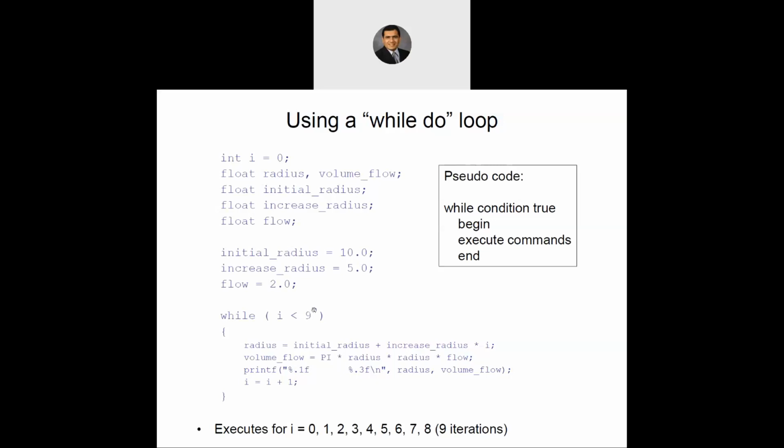There are different ways you can create it. You can say i is equal to 0, i is less than 9. So from 0 to 9, that is 0 to 8, that will be 9 iterations. Or you can say i is equal to 1, i is less than or equal to 9. Different ways you can do it. So the loop works in this way. As long as the condition is true, this loop will continue.